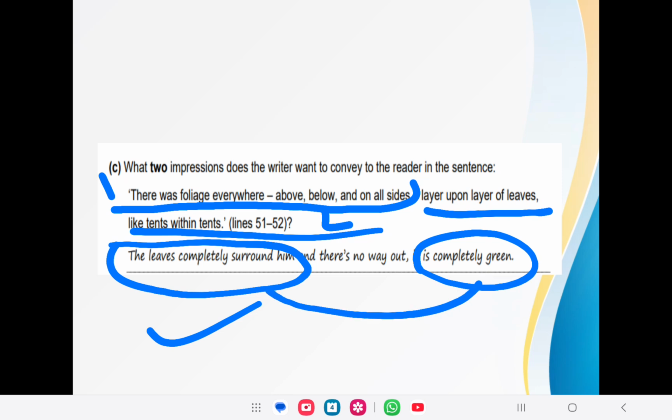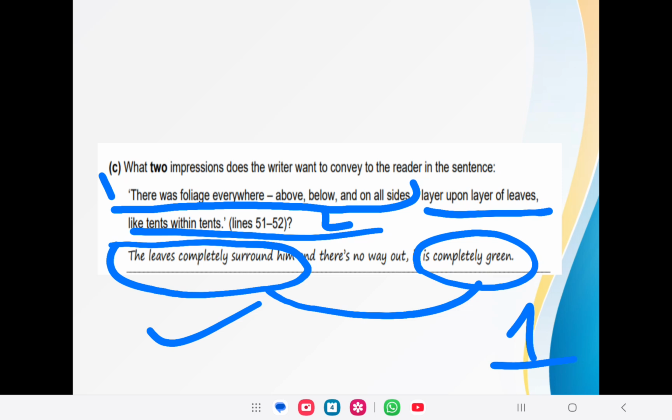First impression, the leaves completely surround him, it's completely green. Anything that you write about the greenery will be considered one impression, whether you write it here or earlier. So you are going to get 1 mark for this.